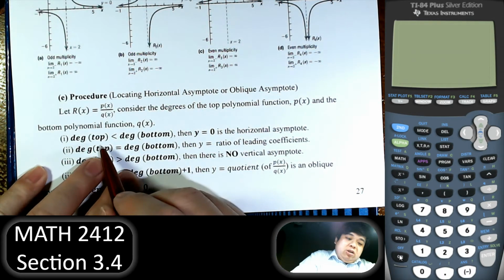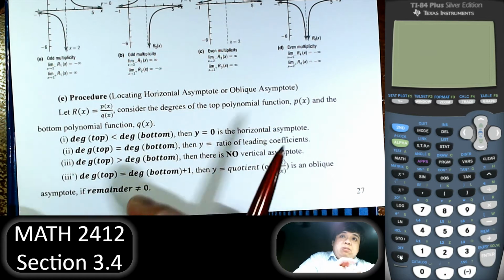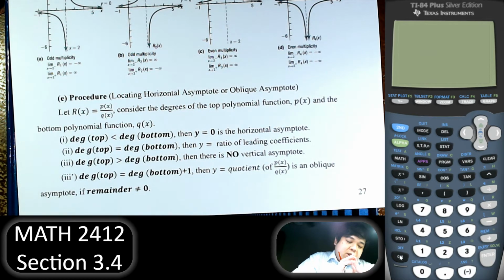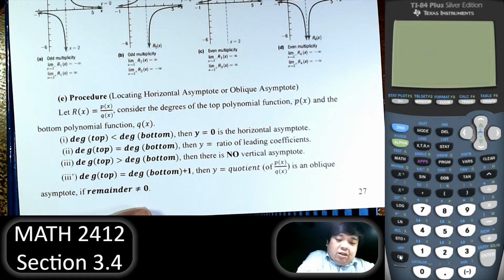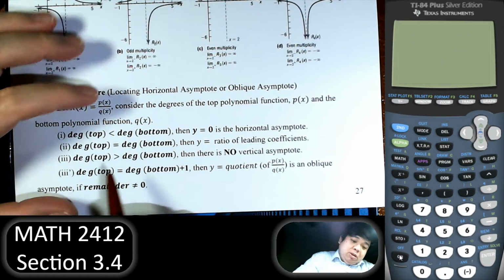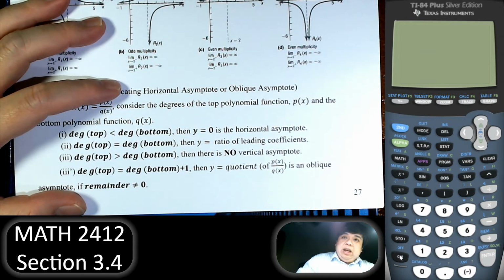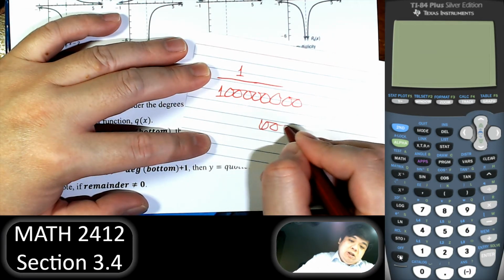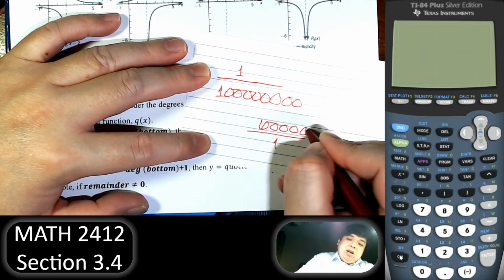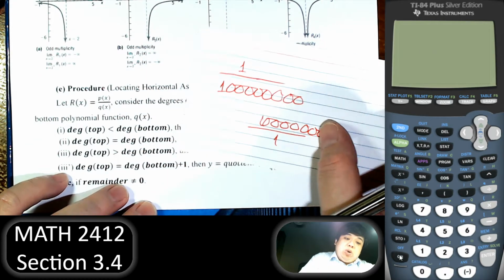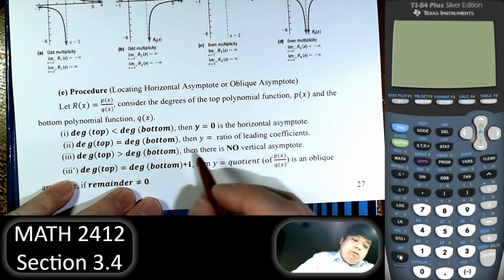So when degree on top is less than degree at the bottom, the top goes to infinity slower than the bottom. So in that case we have y equal to 0. If the top is bigger than the bottom, if we have this reverse, the bigger number we have, the bigger the quotient we have, and therefore we have no vertical asymptote.